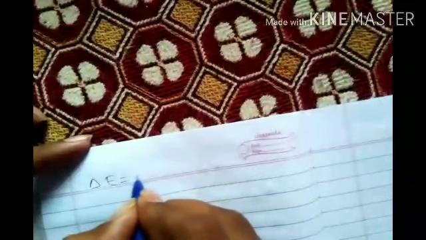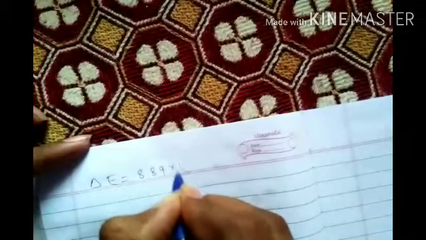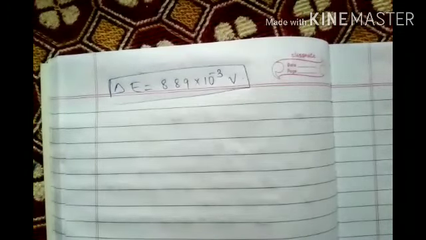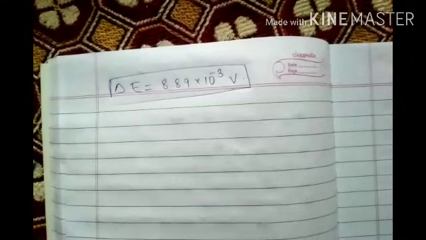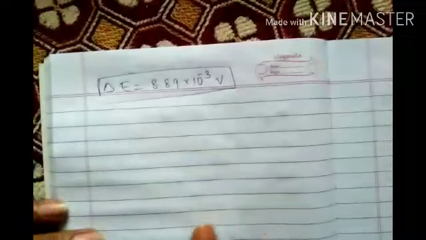Now finally delta E is 8.89 into 10 to the power of minus 3 volt. Got it? And last problem for the test onwards.